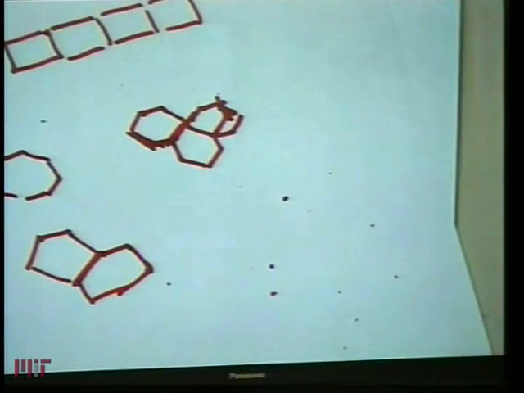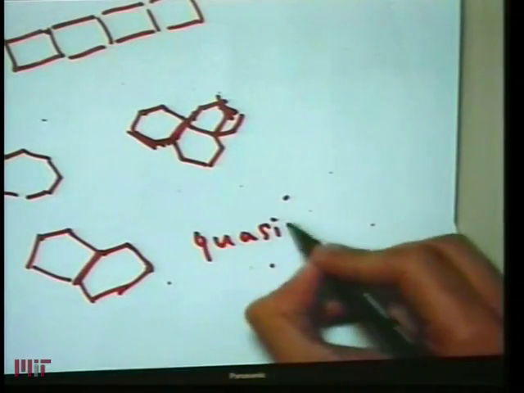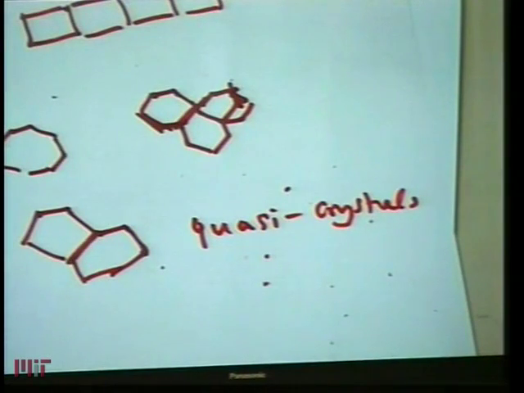It's really difficult for me to draw, but if you Google quasi-crystals, there's a website at Caltech. In the physics department at Caltech, you will see some very nice pictures of what happens if you stick pentagons next to each other. That's called a quasi-crystal.